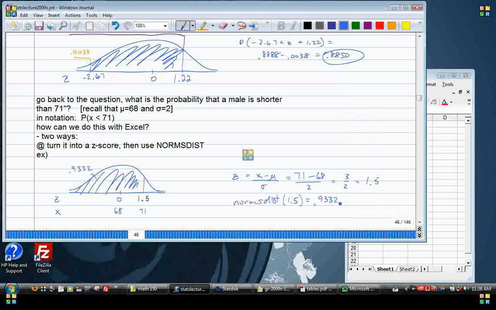And is 0.9332 the answer? It is. I just want to make sure everyone knows that. Is that the area that we're looking for? If you look at the picture, is that the area that we're looking for? Yes, that's the area we shaded.